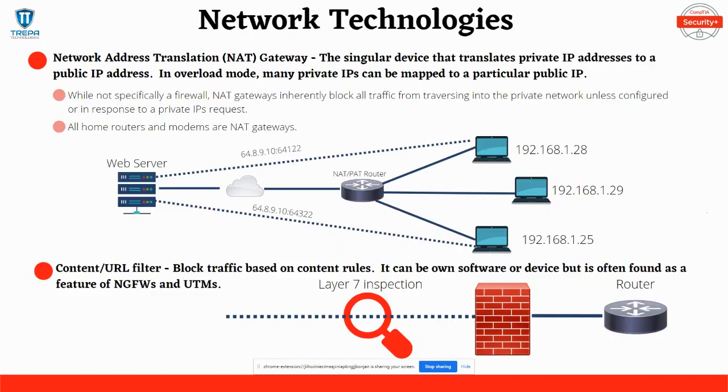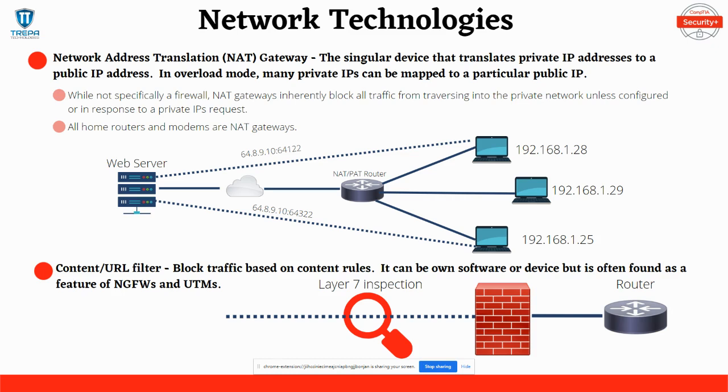Then we have some more network technologies. Let's go over NAT. So network address translation converts private IPv4 addresses into public IPv4 addresses, which are routable on the internet. NAT preserves public IPv4 addresses, and a NAT gateway is any device that sits on the perimeter of your network that will perform the private to public translation.